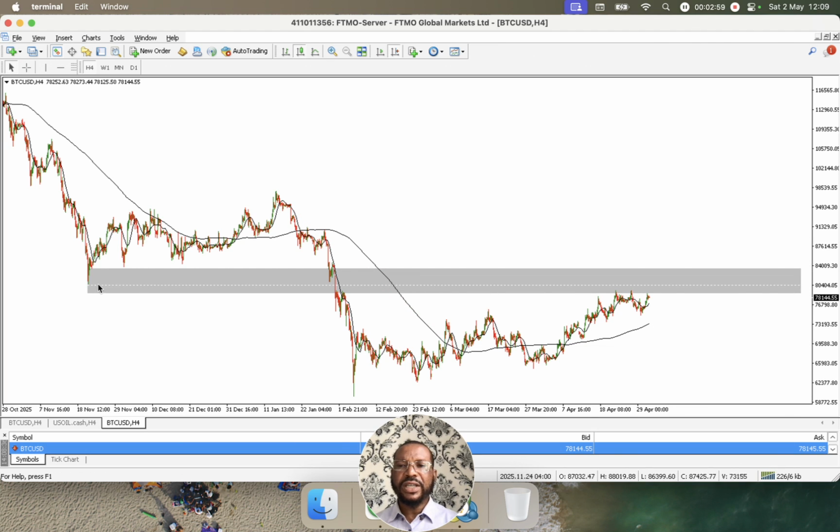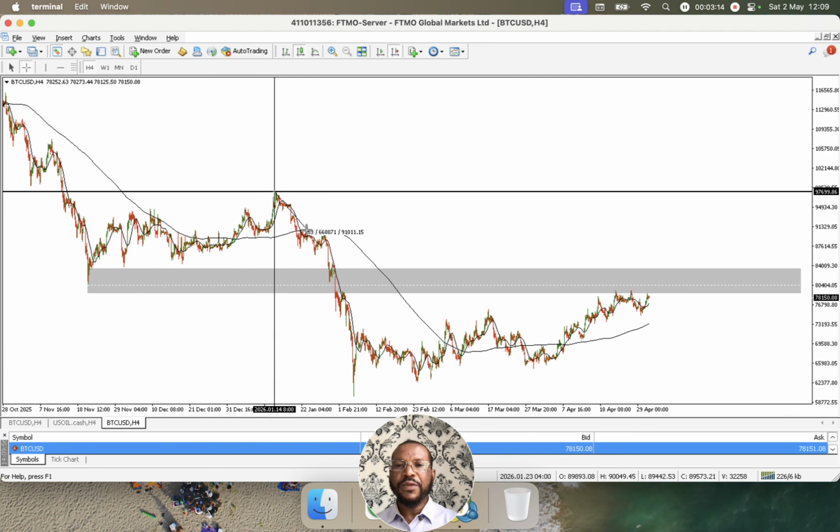So this is the BTC USD, and this is that resistance area I'm telling you guys about. This is the level where this market dropped. This is the impulse leg of this move. From this point, the market dropped down to this point.